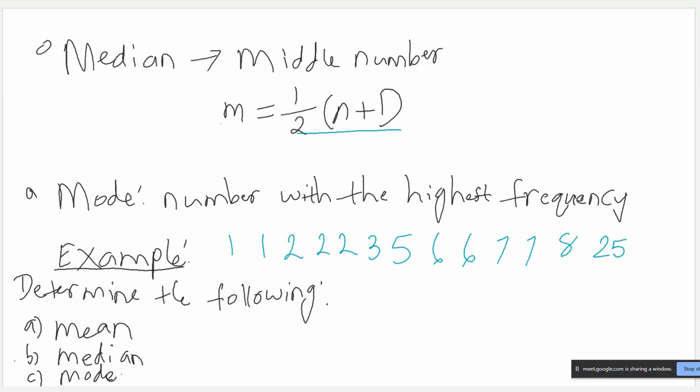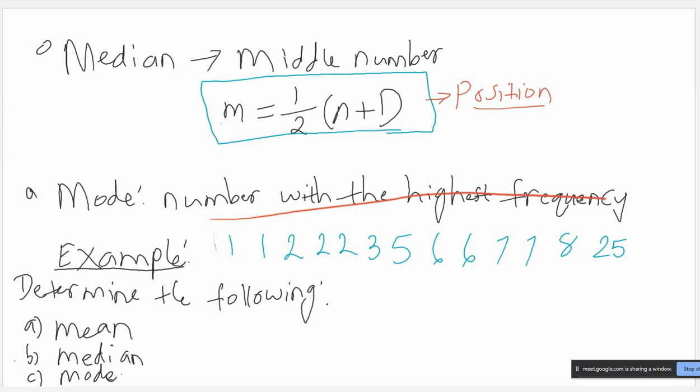This formula doesn't calculate the median, it just tells you the position in the data. We will look at this data here as an example. If you want to determine the median of the data, and maybe it's a lot that you can't start counting, you can simply use this formula: half multiplied by n plus 1. n also represents the number of scores.